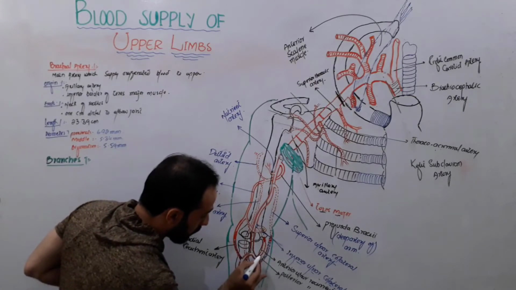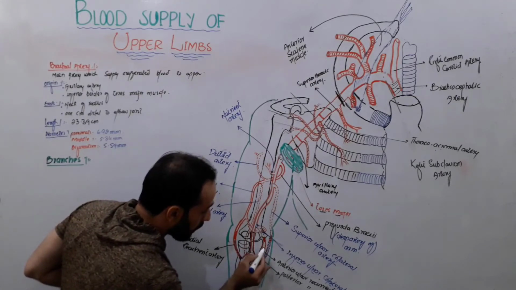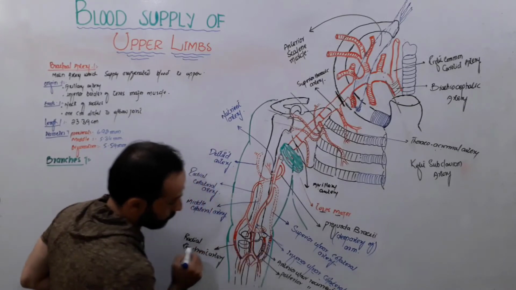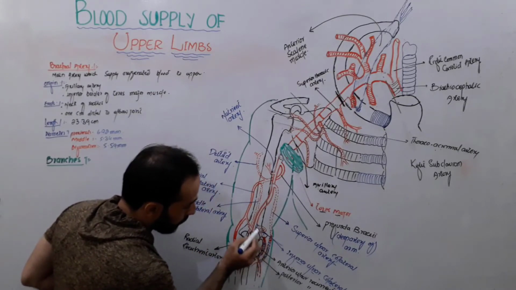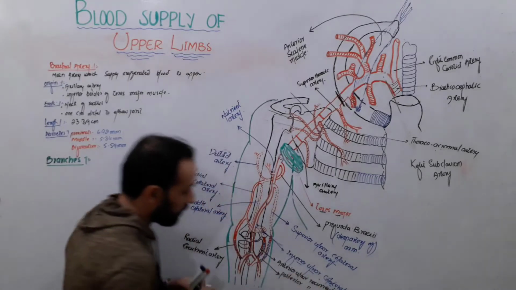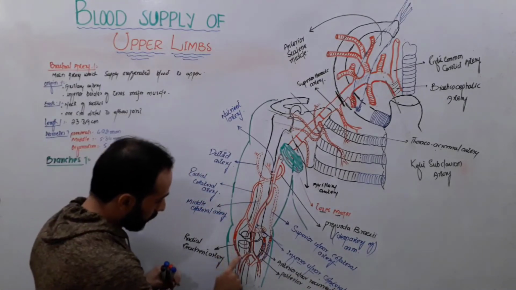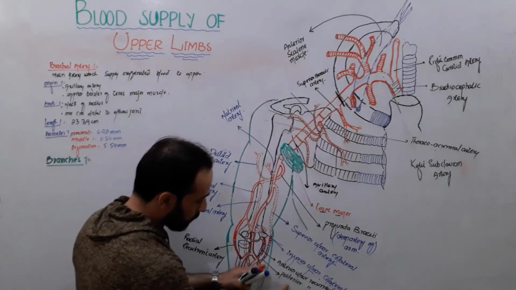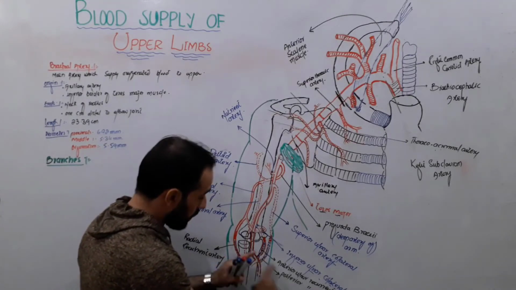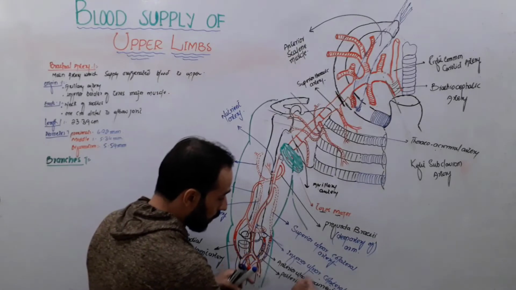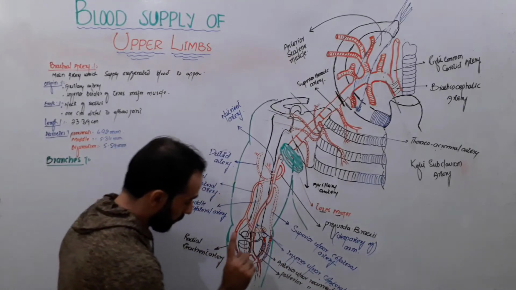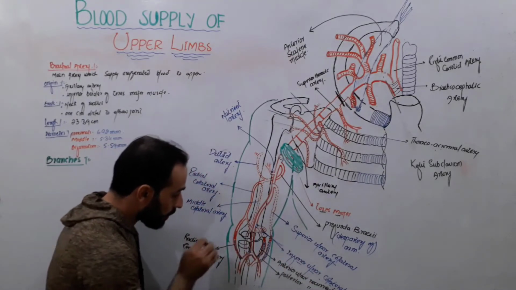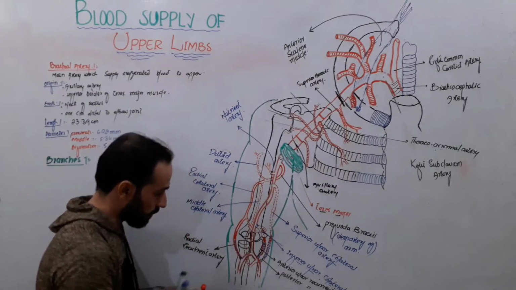And this is another recurrent artery, and it anastomoses with the inferior ulnar collateral artery, right? So this recurrent is the radial recurrent, this is the posterior ulnar recurrent, and this is the anterior ulnar recurrent.